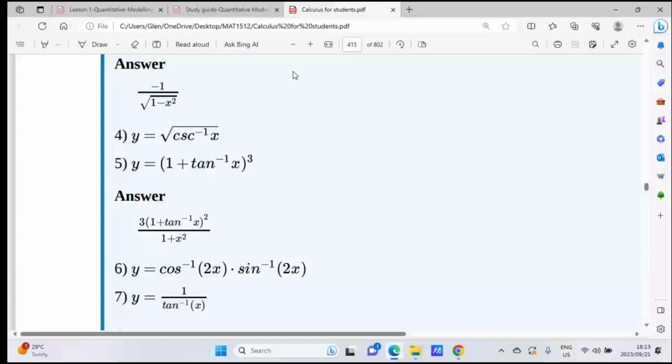Okay. So if you have 1 over tan inverse of x, why can't we have cotangent inverse of x? Inverse of cotangent x, I mean. I don't know, man. All I can say is I'm going to wait for Sir to give us the answer.